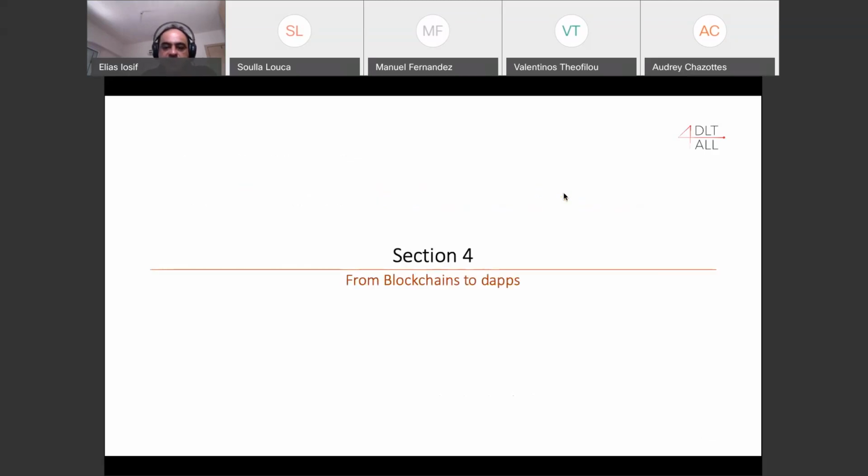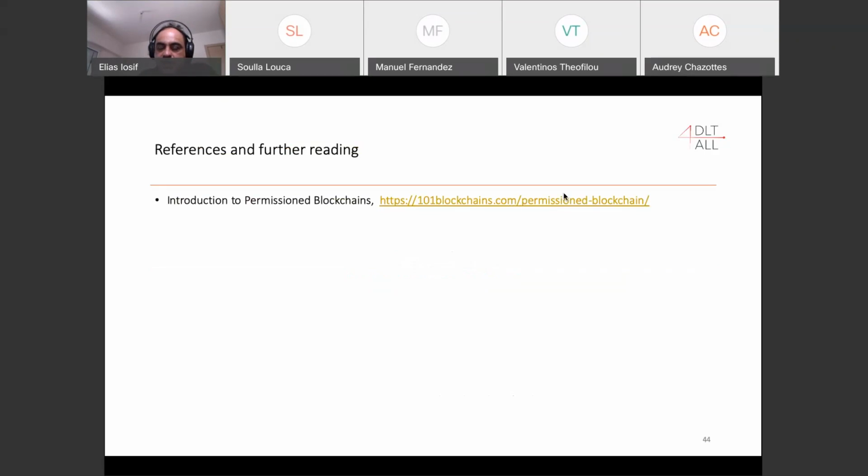So before entering section 4 about how we can move from a nice data structure like a chain of blocks to something more interesting in terms of functionality, that is how to move from blockchains to dApps, to decentralized applications, I would like to ask you, and checking the chat, if there are any questions, comments, ideas about section 3.